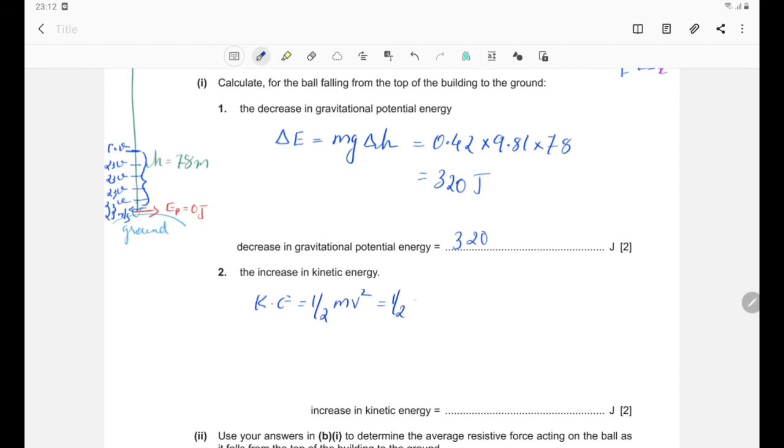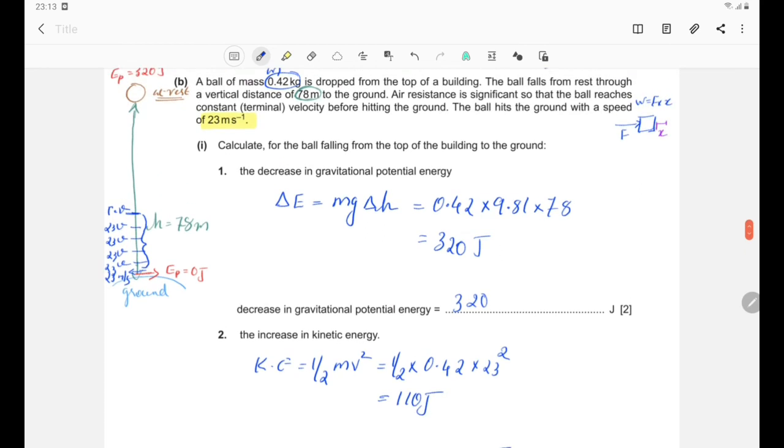So half into mass of the ball is 0.42 and velocity is 23, because it's given when it reaches the ground its velocity is 23. So 23 square, and you will get the kinetic energy gained by the ball when it reaches the ground is 110 joule.